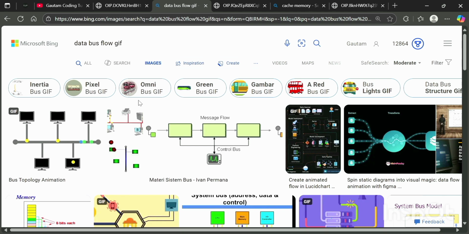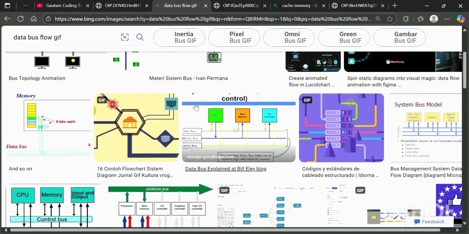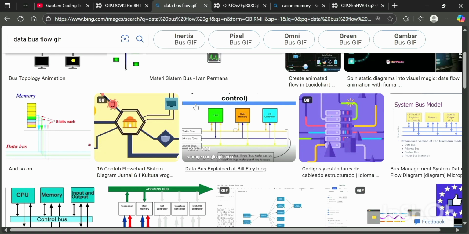The control bus carries control signals that coordinate the activity, such as indicating read or write operations. This is coordinated by a memory controller, mostly now inside the CPU for speed.